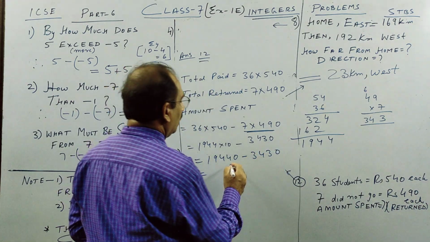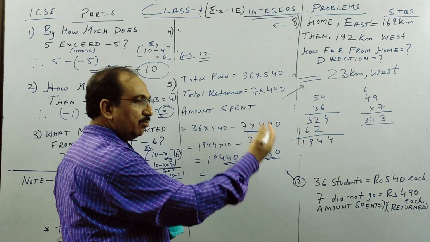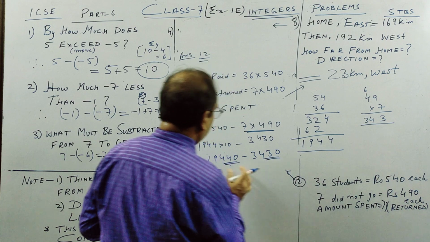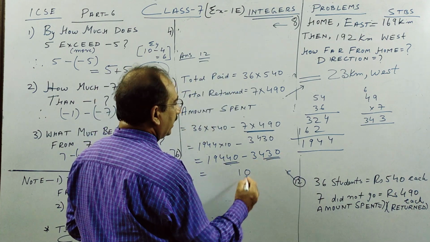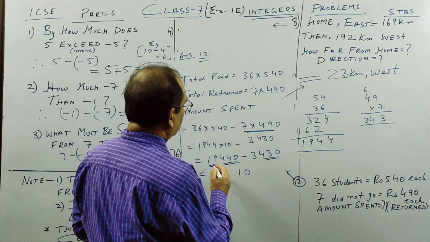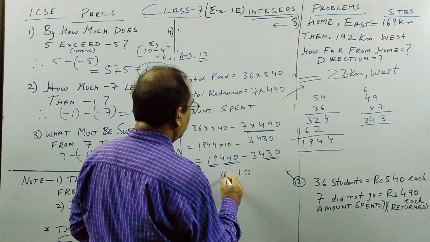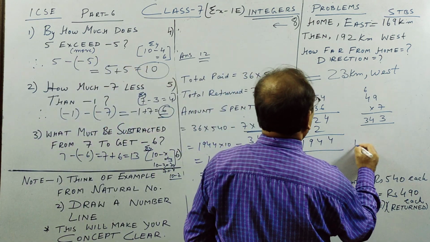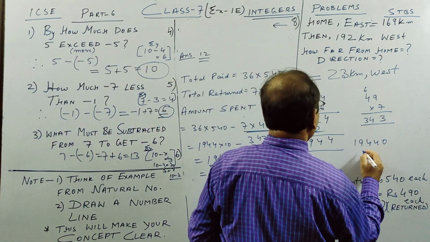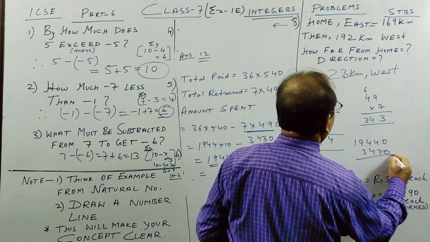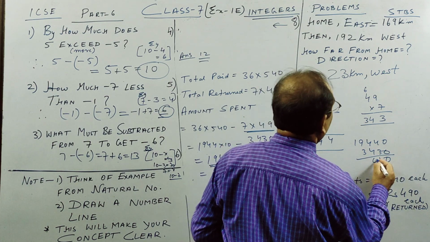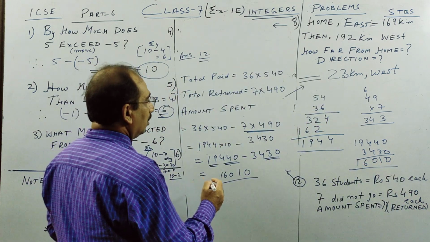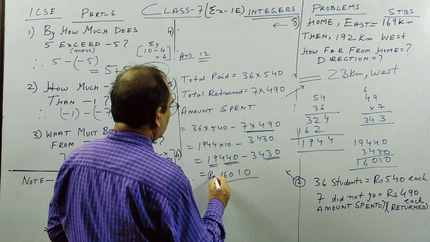You can subtract in the traditional method, but I am showing you one very easy method. 440 minus 430 is 10, 19,000 minus 3,000 you get 16,000. So 16,010. So this much money will be left.